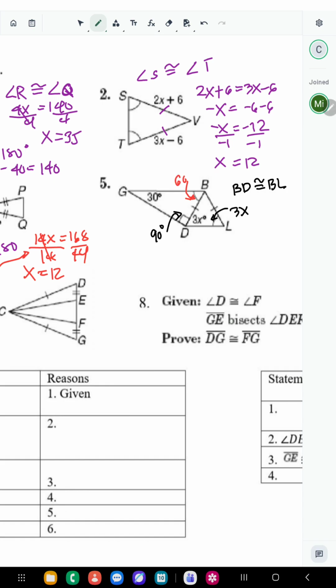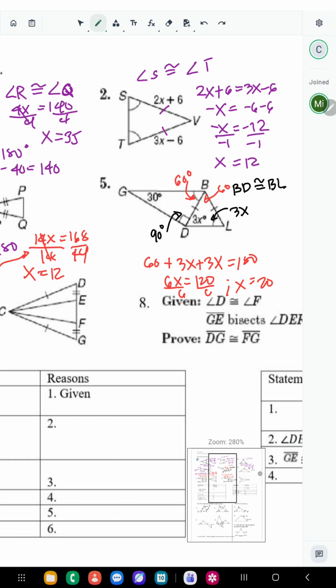So this one is 60 degrees. So that means this is also 60. We'll see. 60 plus 3x plus 3x equals 180. So 6x equals 180 minus 60, which is 120. Divide by 6. So x is 20. Because here you have a right triangle and an isosceles. Okay, we will just go back. I will get back to you about this number 5 later.